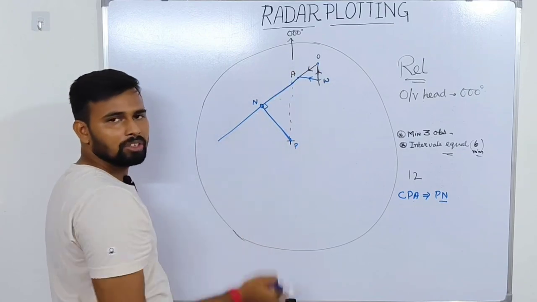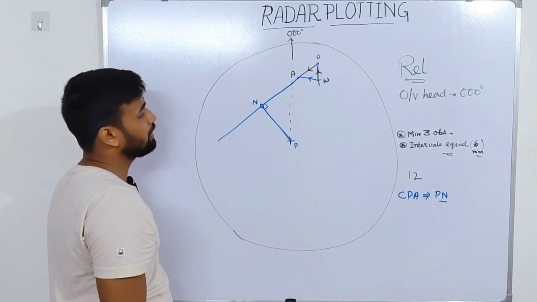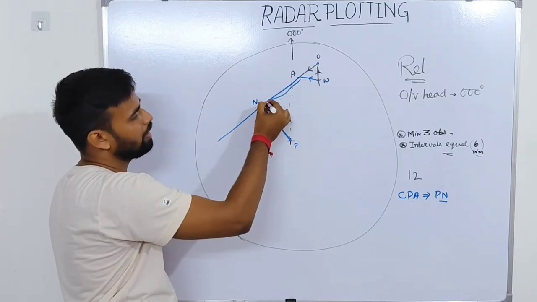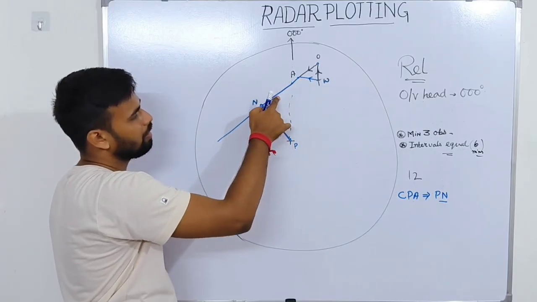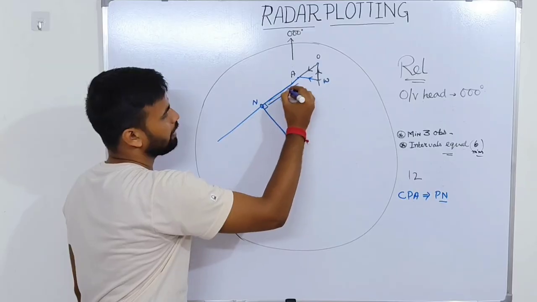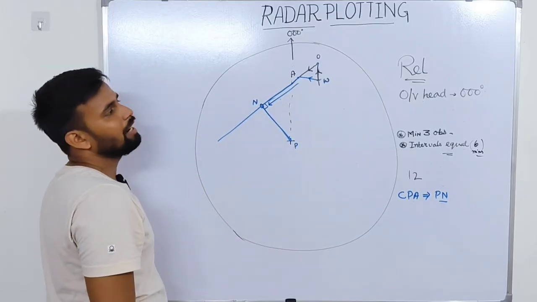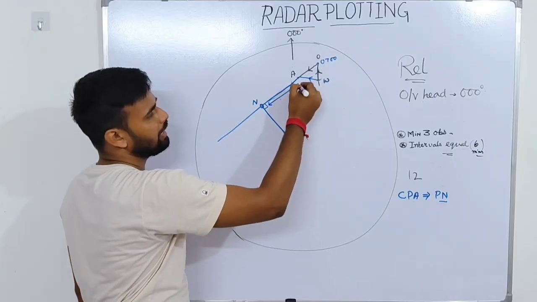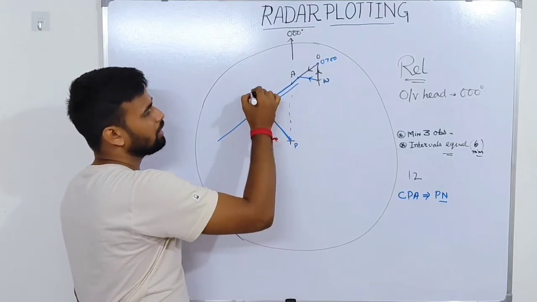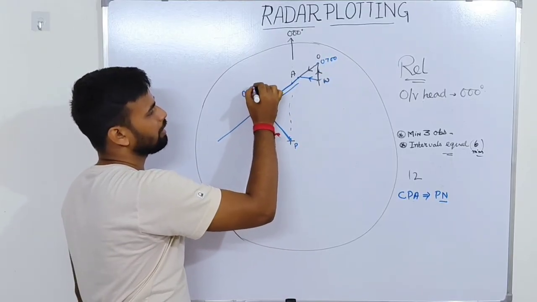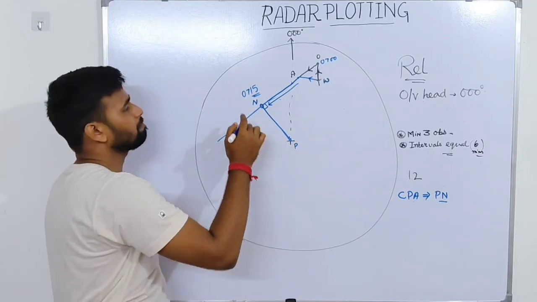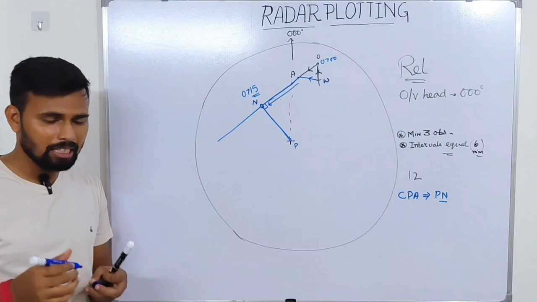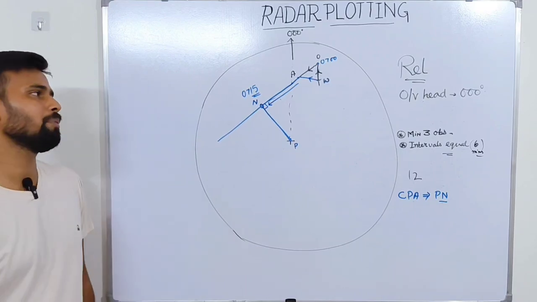So we do the ratio thing, kind of unitary method, and we see how much time the target vessel will take to come from here to here. We know the timing of here, maybe 0700, and it takes 15 more minutes. So the time here will be 0715, like this. This is an example. So like this we find the TCPA, that is the time of closest point of approach.